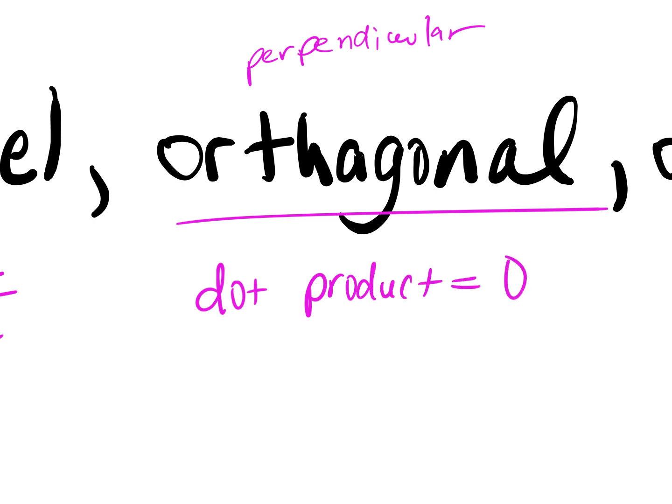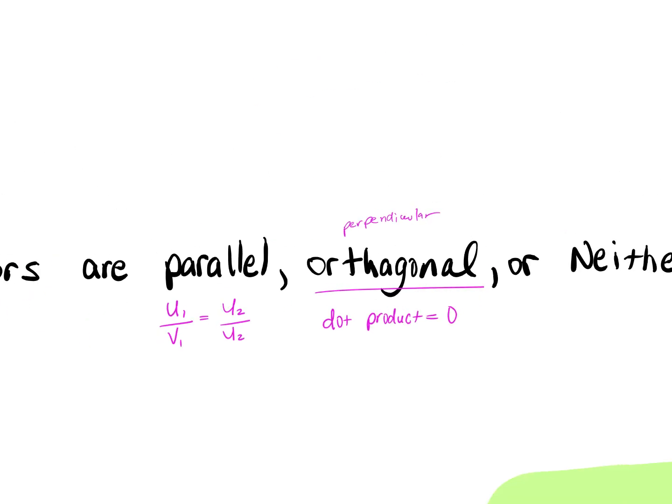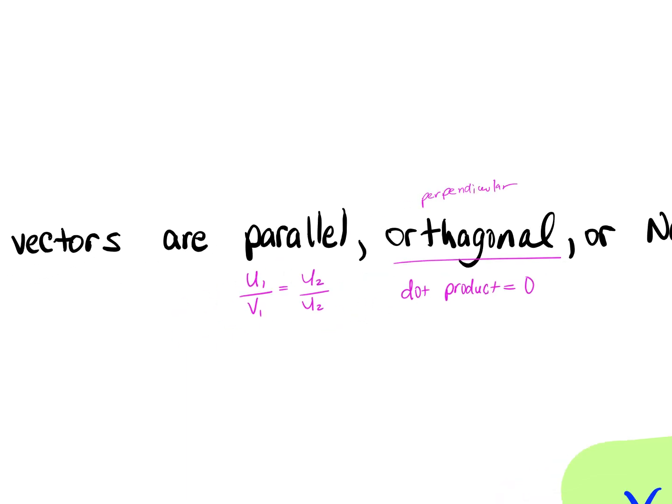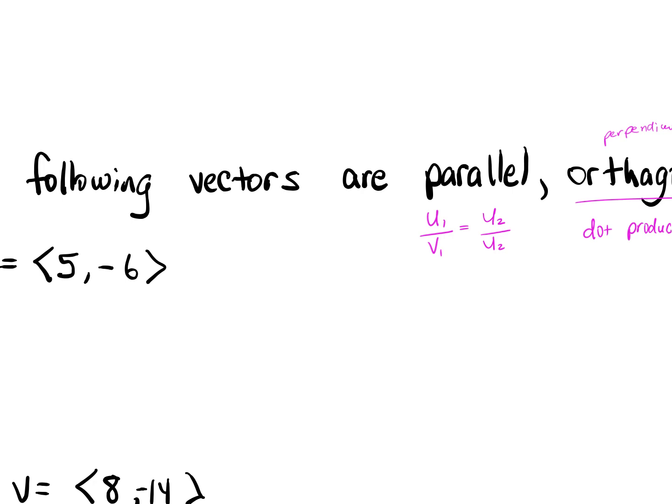Somebody asked last period, if you just prove that they're opposite reciprocals, does that make them orthogonal? I understand the concept behind that because they're very similar to lines. But to properly mathematically prove that vectors are orthogonal, you have to use the dot product. So that's what I need to see. If both of those things don't happen, your answer is neither. Now, guys, this is a really simple question, but it's also a very simple question that you guys could make silly mistakes on.